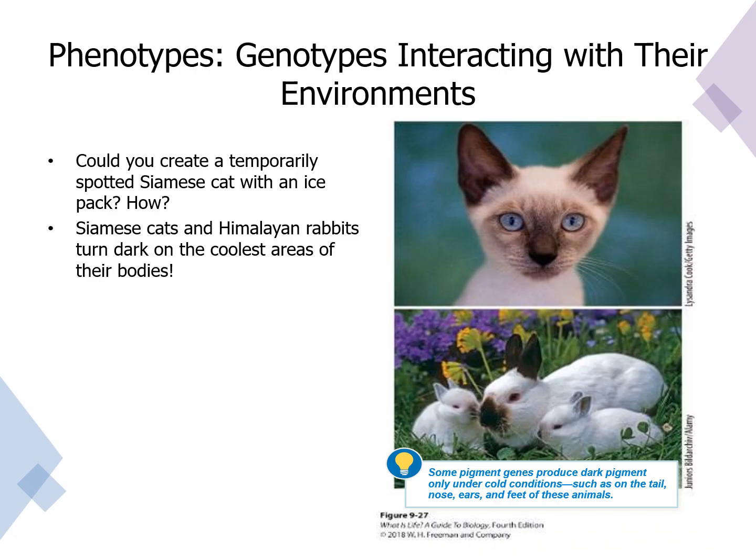Okay, other ways that our genotypes can interact with their environment is in something like a Siamese cat or a Himalayan rabbit. Now, they have an odd genotype that allows them to essentially change their fur color based on temperature.